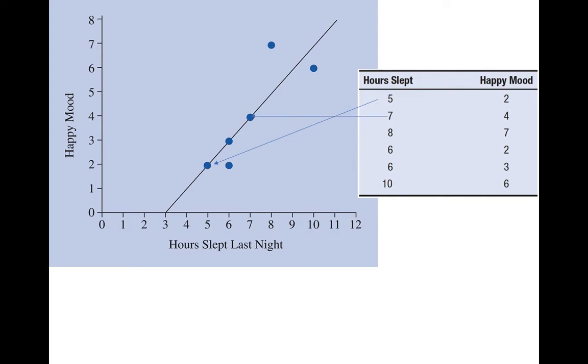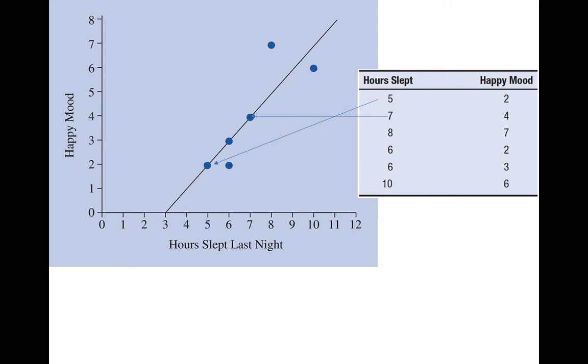We do the same thing with the next person. So this person slept 7 hours, happy mood of 4. We're just going to plot their point in the two-dimensional space, and then we do that for all of the other observations. What you see being drawn through these dots is a line of best fit. That's a concept that I will lecture on in a couple more lectures, but right now we can just think of that as a trend line.